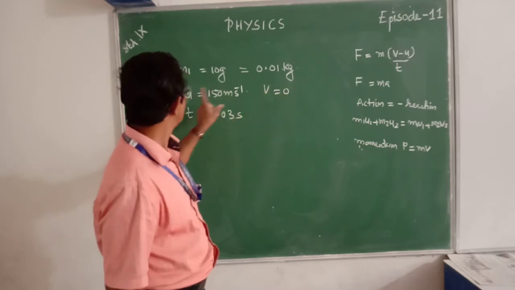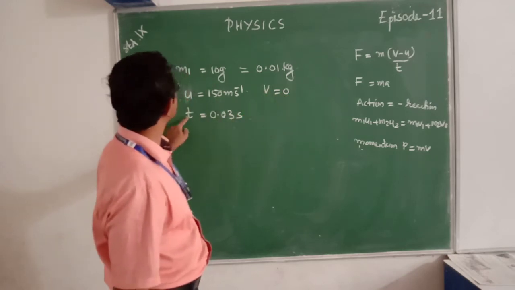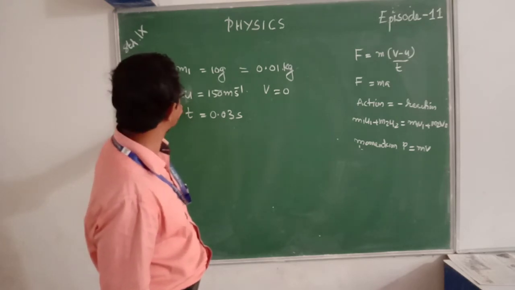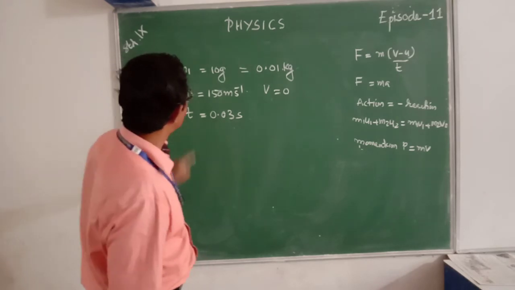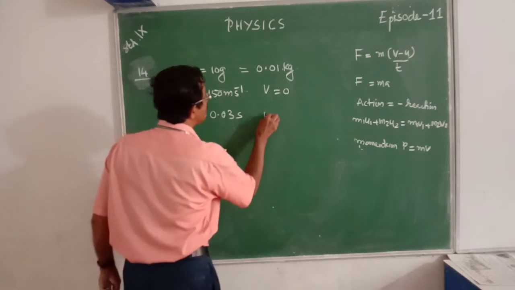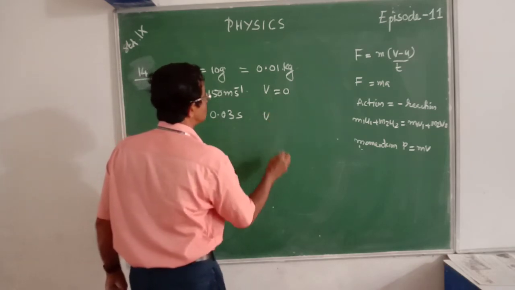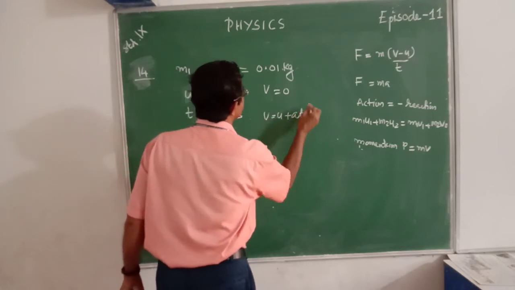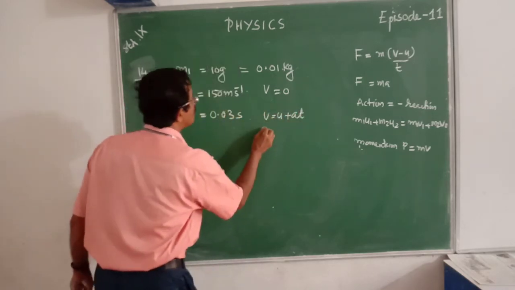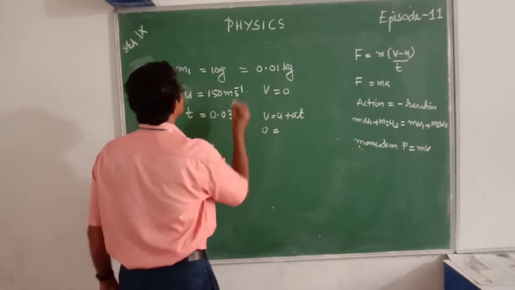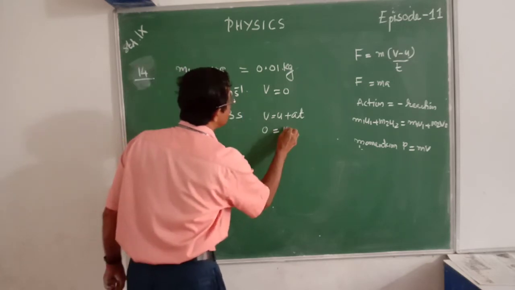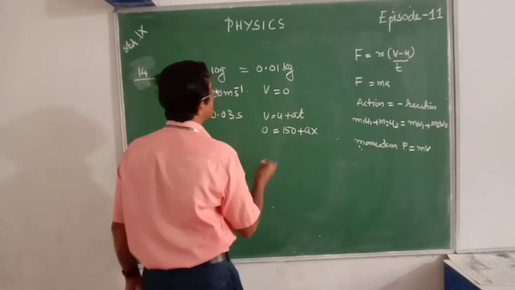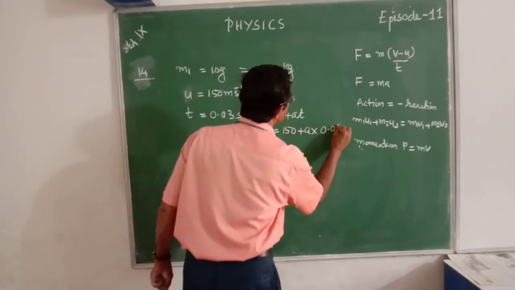Now what are the things we know? v, u and also t. We can find the acceleration from this. So first of all we know v is equal to u plus at. Here v, the final velocity, is 0, the initial velocity is 150 plus a, the acceleration which we don't know, into t, 0.03.